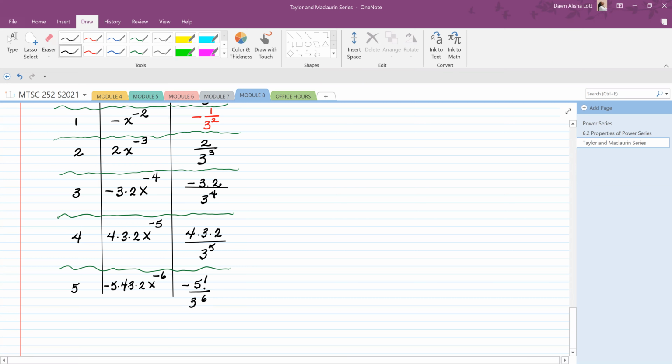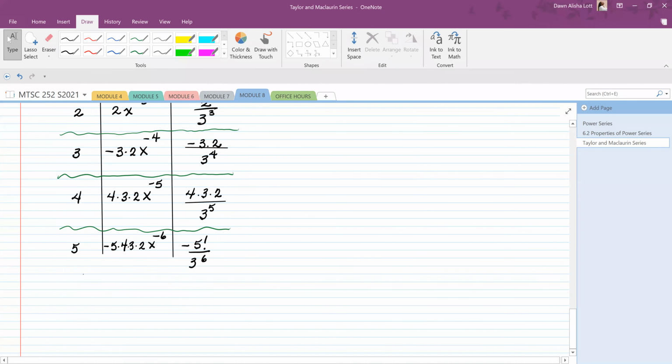Okay. So I'm going to scroll down and do a dot, dot, dot. So it seems to me like if I want the nth derivative, the nth derivative is going to give me, well, let's go back.